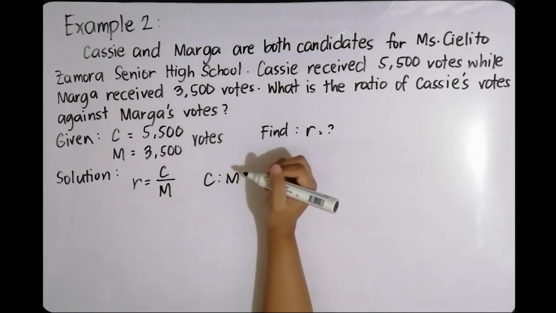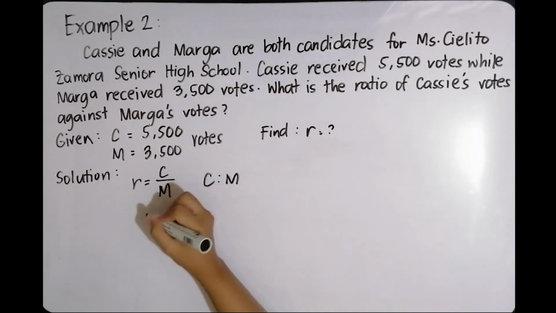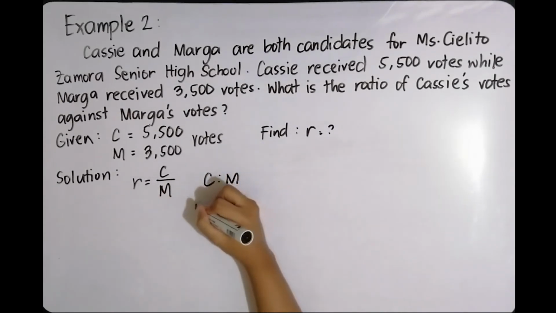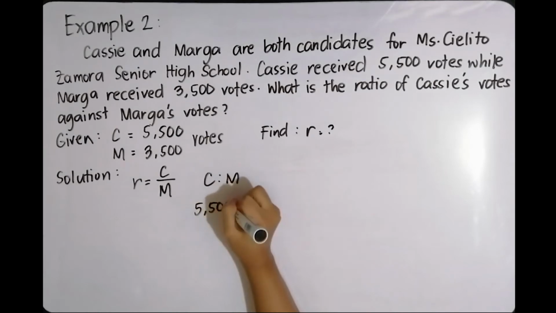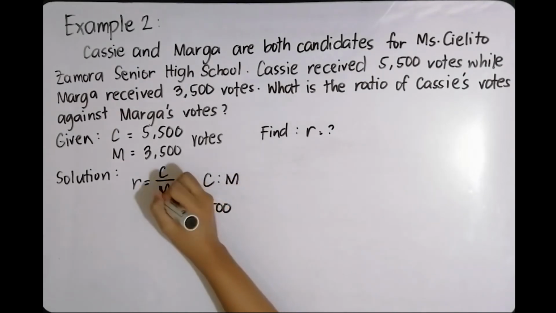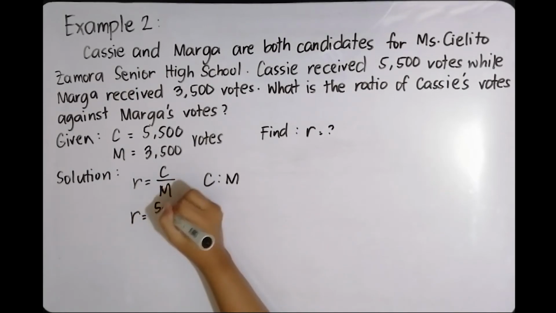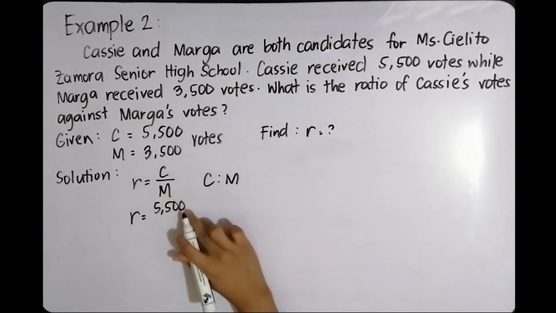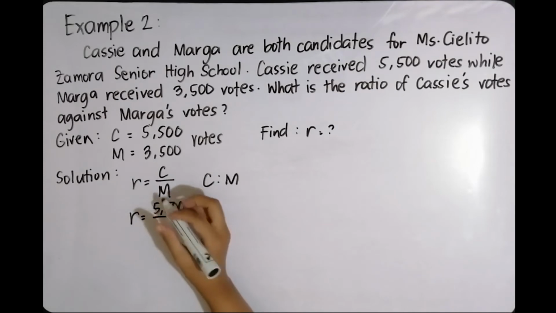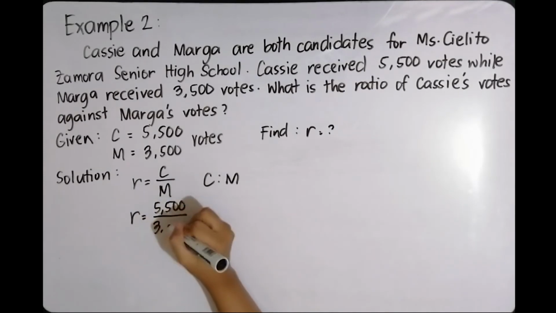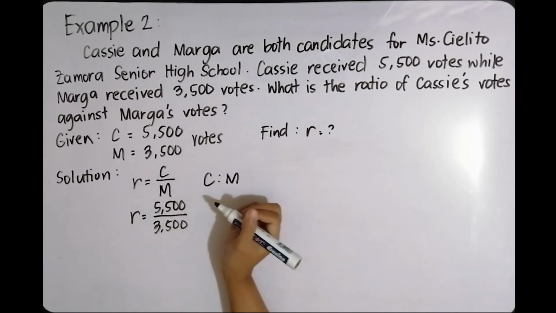So we have votes for Cassie, which is 5,500. Let's write it here. R is 5,500 votes is to, for Marga, 3,500 votes.